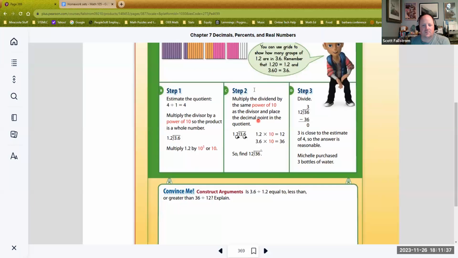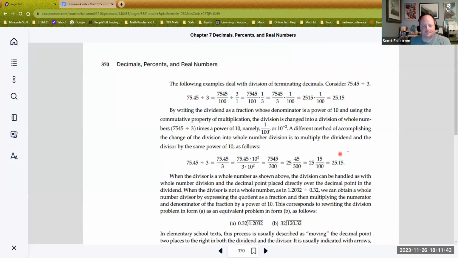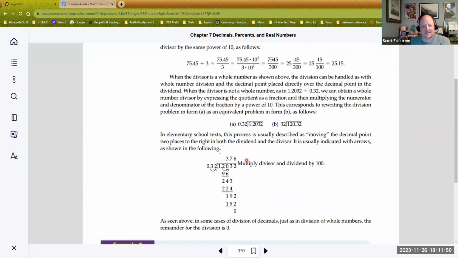And there's nothing wrong with that, but let's take a look and see if we can't make this a little bit easier on ourselves. So you have a couple of approaches you could use. If you are dividing with decimals and decimals, some of the texts say move the decimals, okay, but let's actually think about what's happening here.